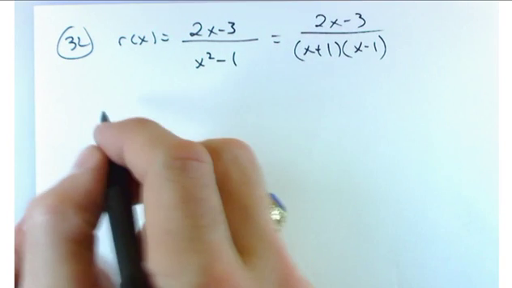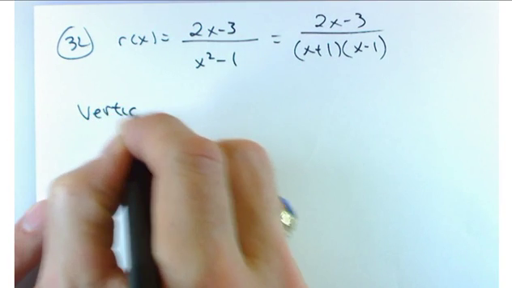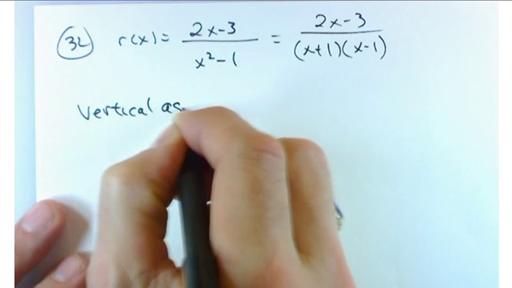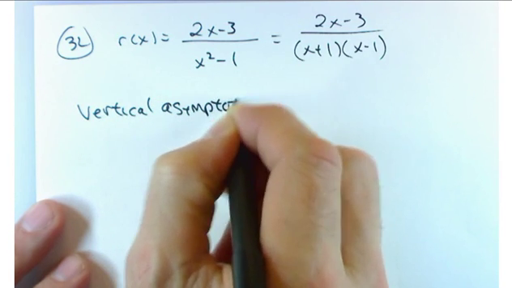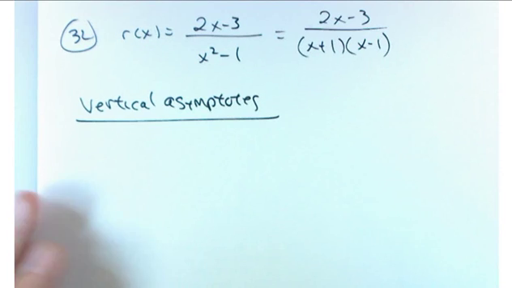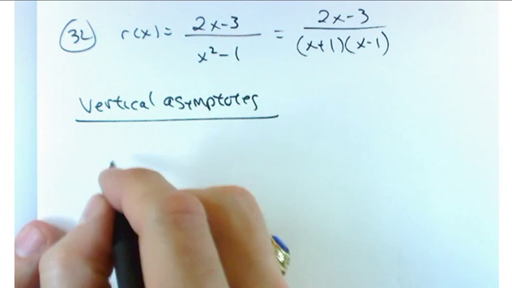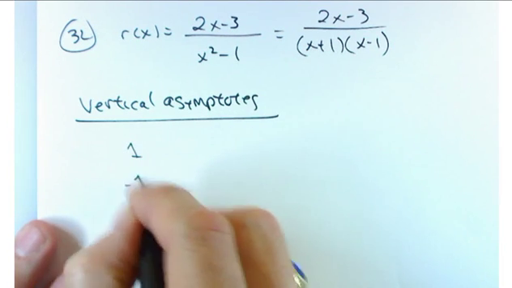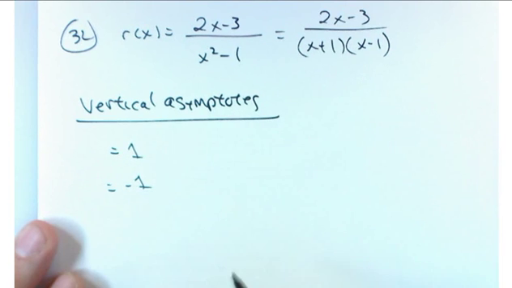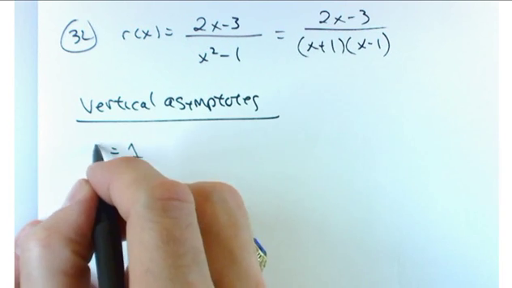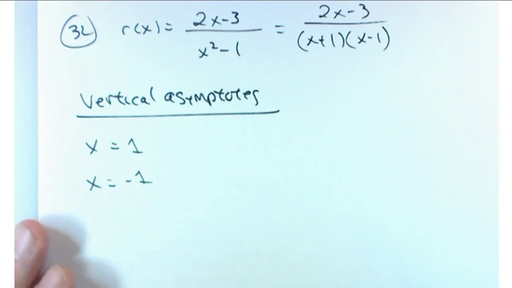So, vertical asymptotes. Now please do me a favor. Be careful when I ask you where the vertical asymptotes occur. Give me an equation, not just a number. I don't want just 1 and negative 1, because it makes a difference if you put x equals 1 or y equals 1.